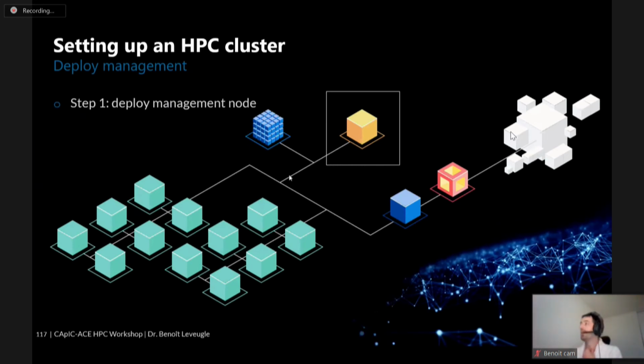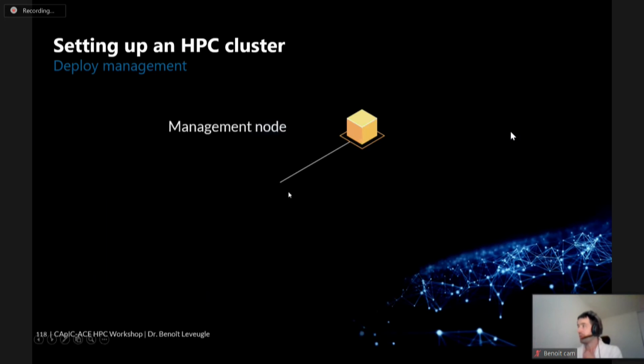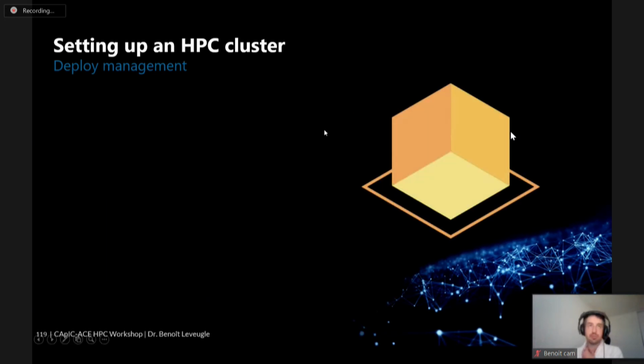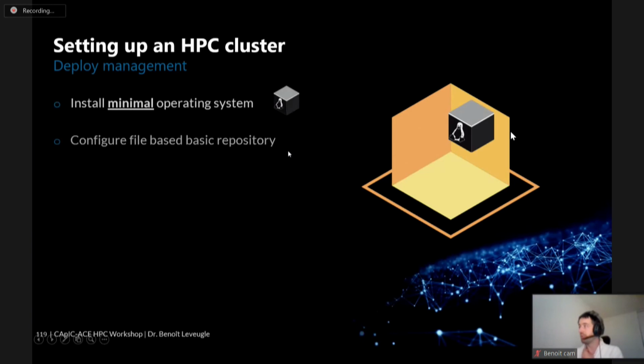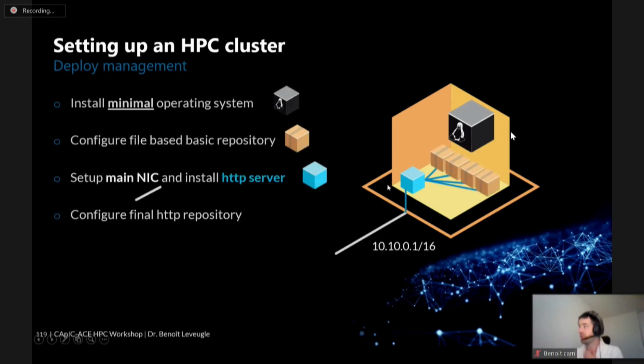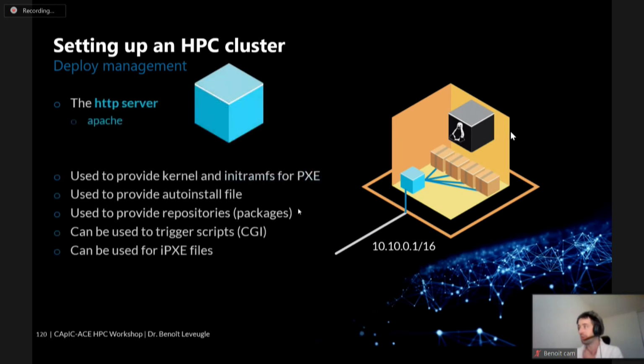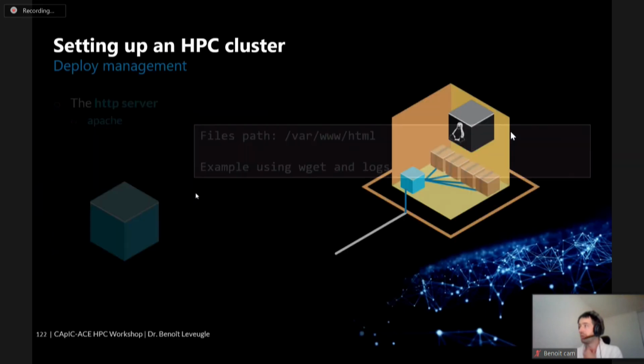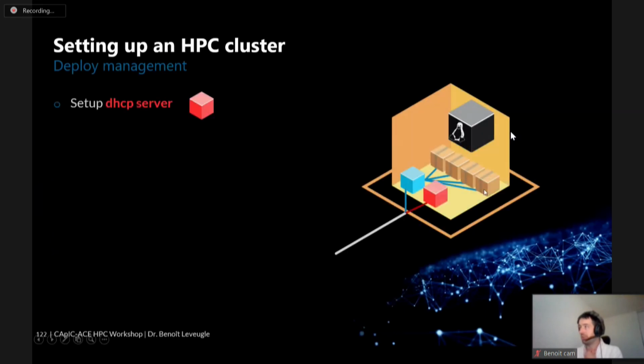So remember, we have a management node, and we want to be able to deploy the other node using PXE. On the management node, you need an HTTP server that provides a package, the kernel, and the initramfs. You need a DHCP server that will provide the IP, but also the file name to be used with PXE.